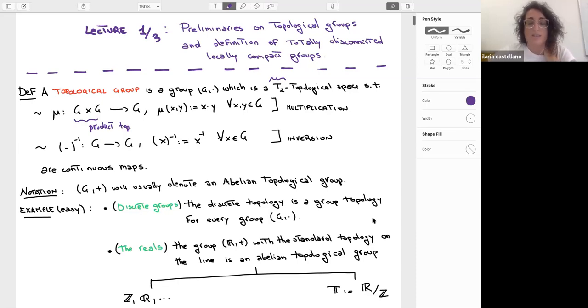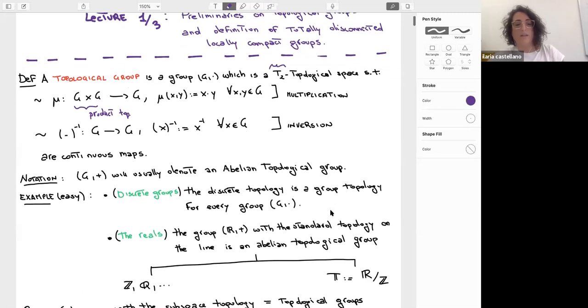Since the topology is discrete, then with no difficulty at all, you can just check that multiplication and inversion are going to be automatically continuous. So any group can be regarded as a topological group whenever you endow it with a discrete topology. And we will refer to this kind of groups as discrete groups.